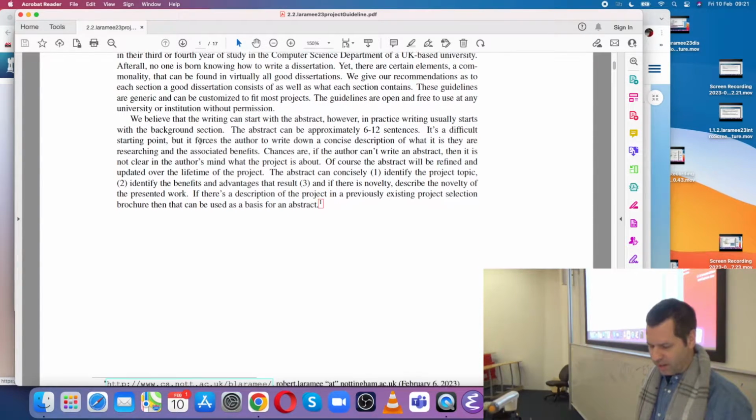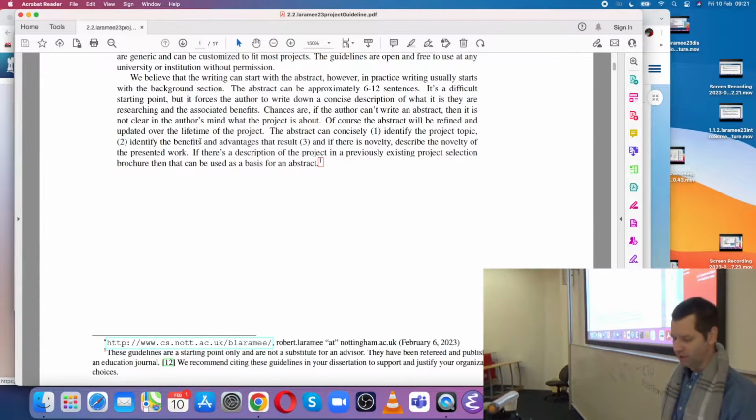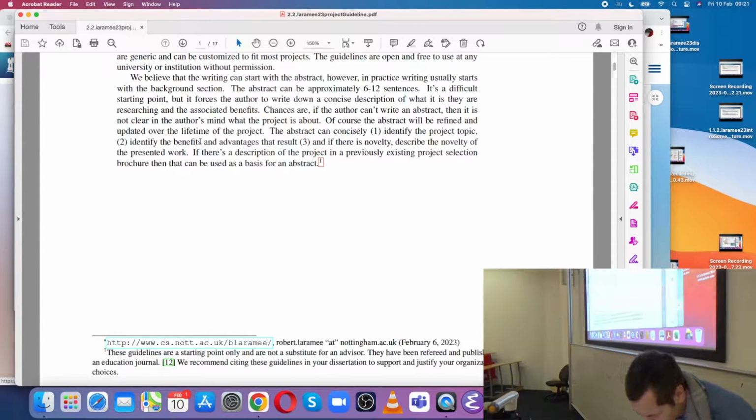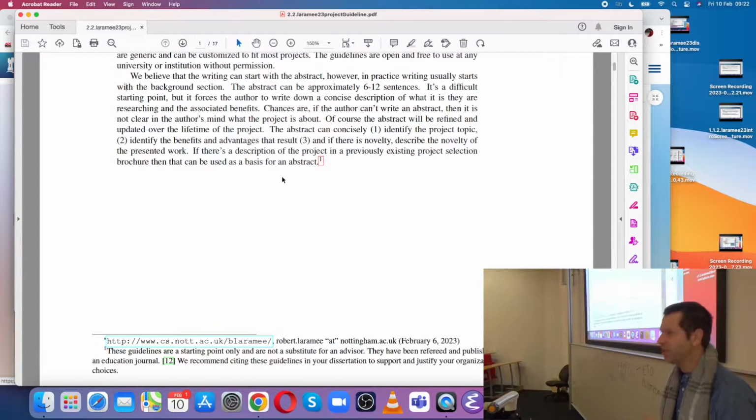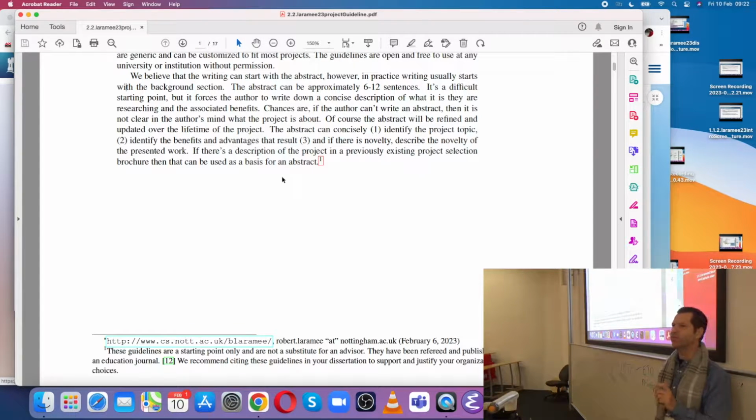So these guidelines have been published in a journal. I can't remember the name of the journal, but since they're published in a journal, that means they've gone through a refereeing process or a peer review process.